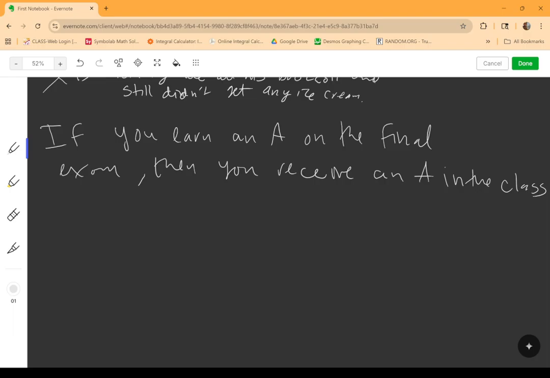Okay, so again, let's break it down into its atomic statements. So P would be the statement that you earn an A on the final. And then Q, you receive an A in the class.